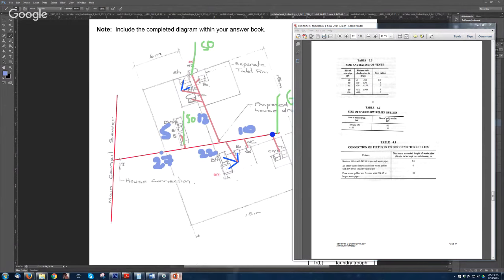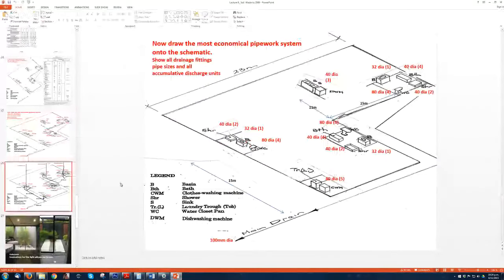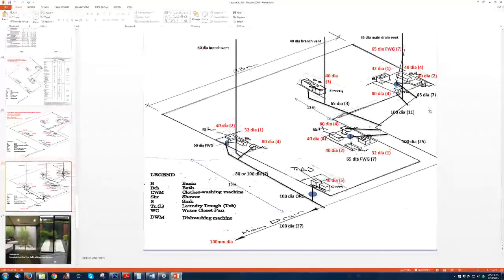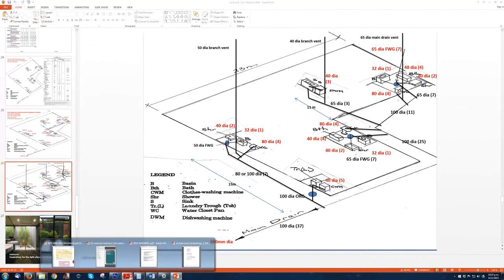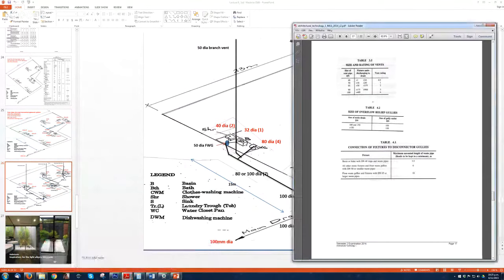Because if you look at the lectures, on this one I got 61 diameter for the main drain because it's at the end. And here I got 40 because it only has 3. If you look at the table, if it's between 1 and 10, you can use 40.